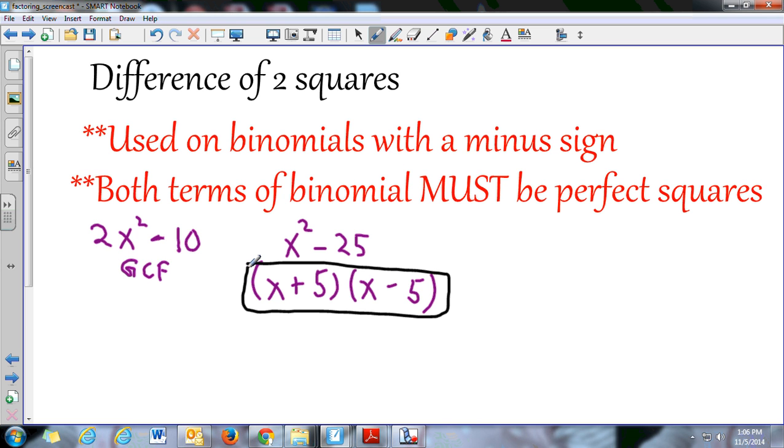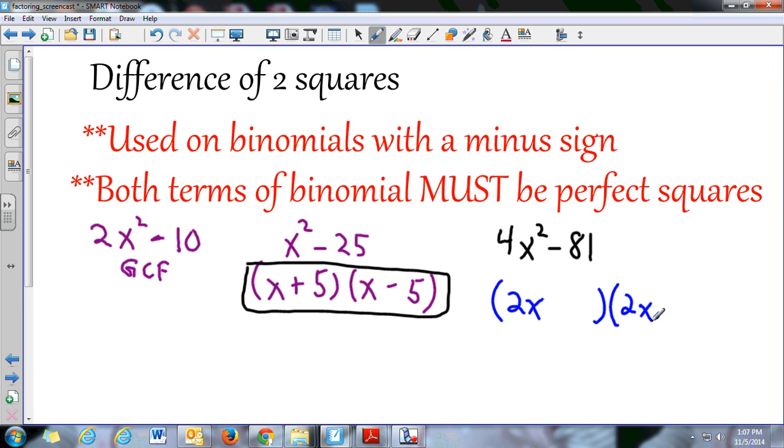Let's try another one. Let's look at 4x squared minus 81. Again, you've got a binomial. You see you've got a minus sign, so you should think, this might be a difference of two squares. And in fact, in this case, it is, because I can take the square root of 4, which is 2, and I can put my x with it.